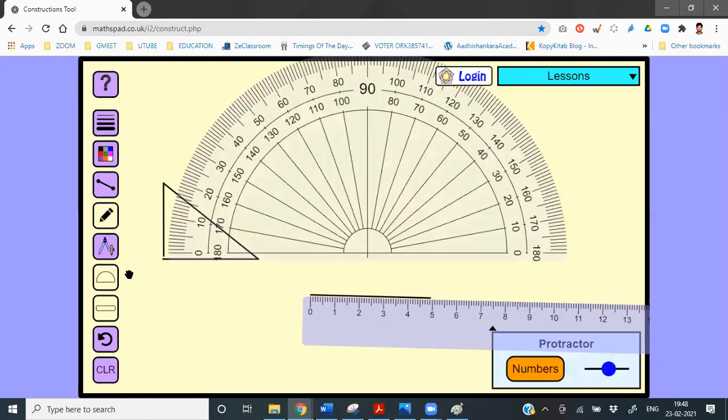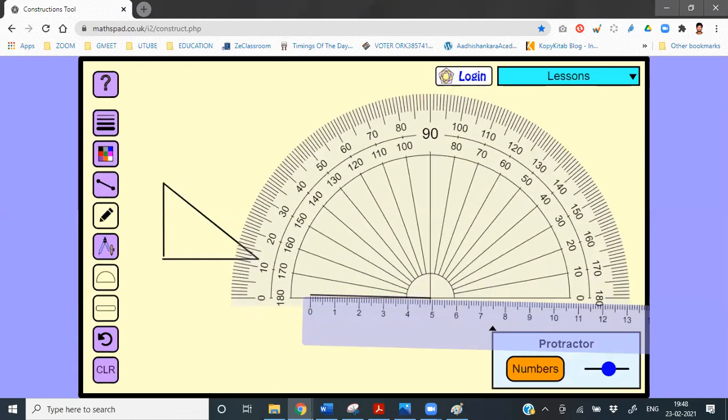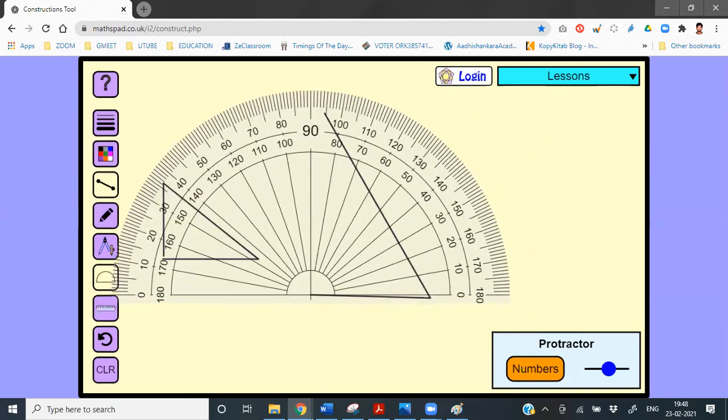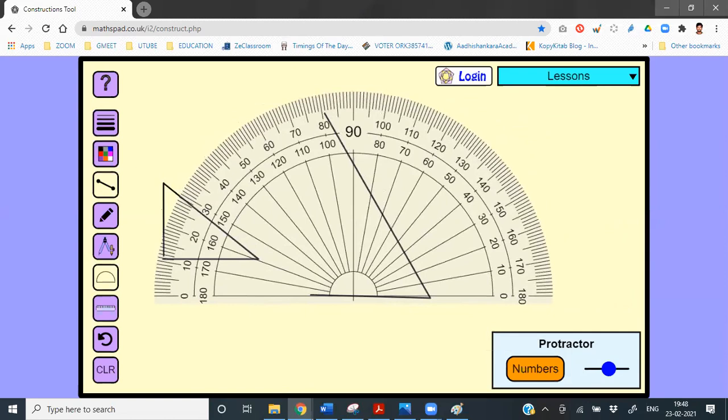Just to make 60 degree. Okay, so now I try to make 90 degree. Here I am making 90 degree.